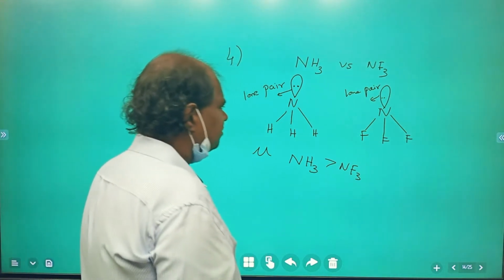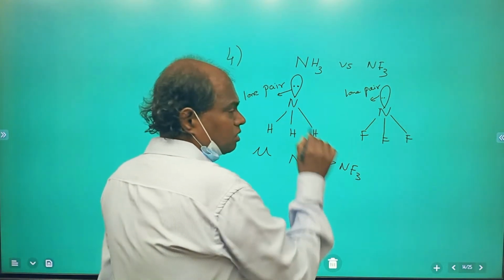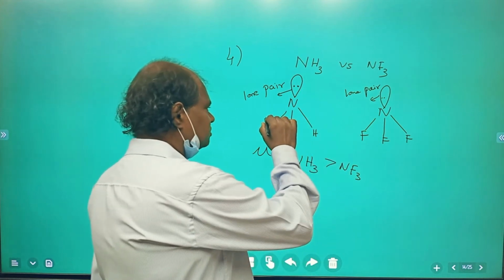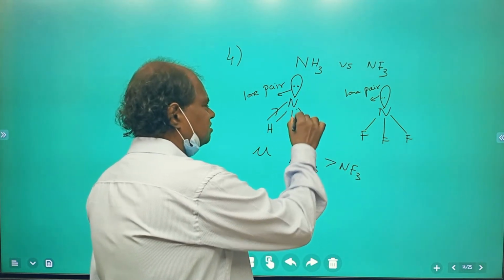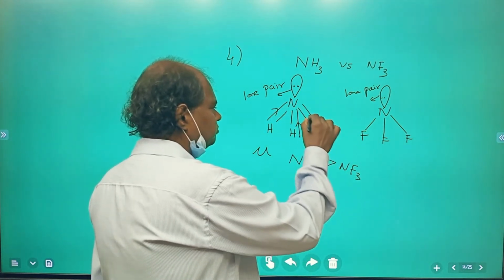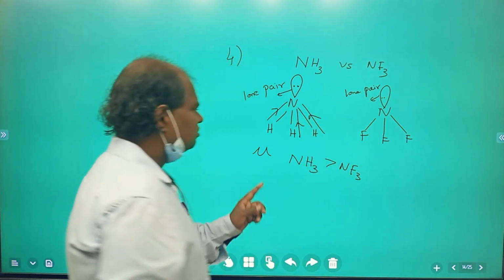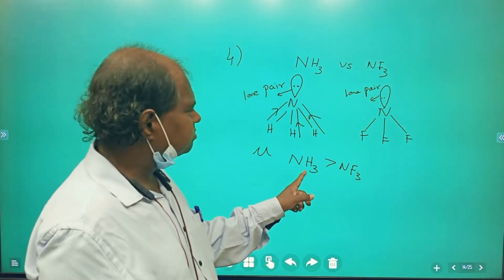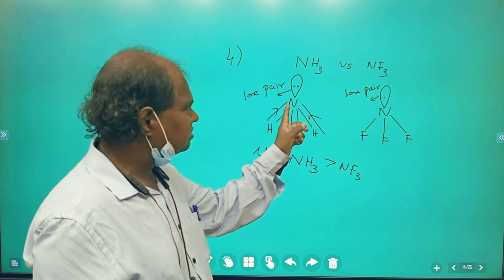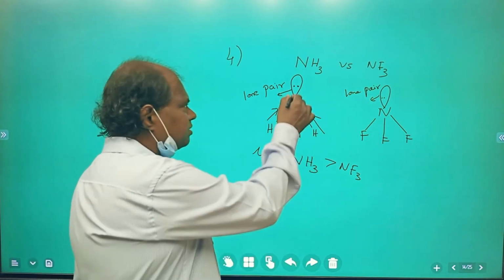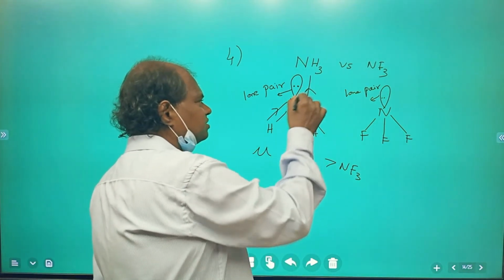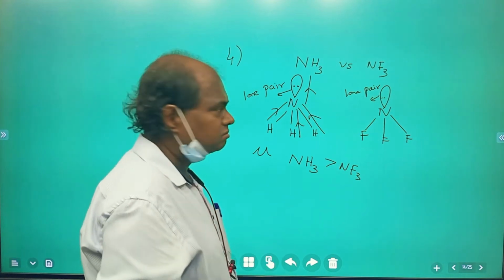Now here students you have to use vector logic. Just see now. What is the direction of dipole moment? From plus to minus. So plus to minus, plus to minus, plus to minus, right? Okay. And here what will be the direction? Here again it will be plus to minus. Fine.